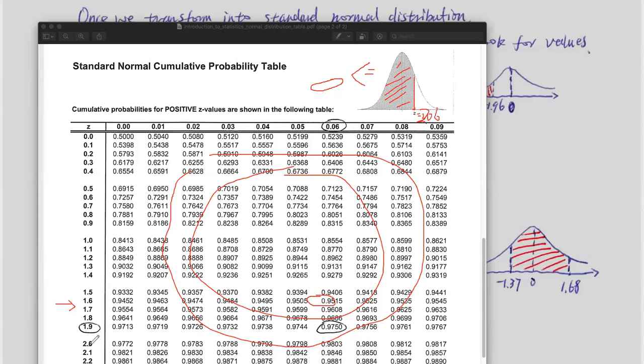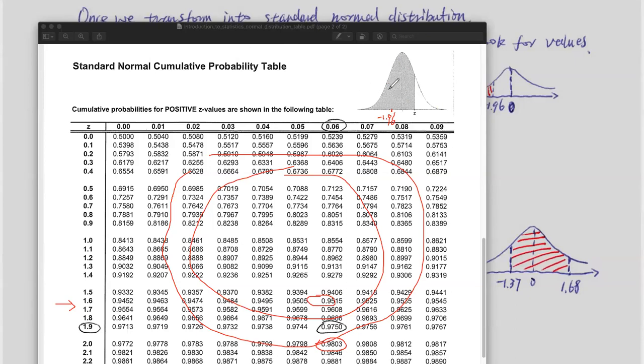In this case, 2.06, everything to the left of this number. In the previous example, we had negative 1.96, if you remember. Let me erase that so you don't get confused.